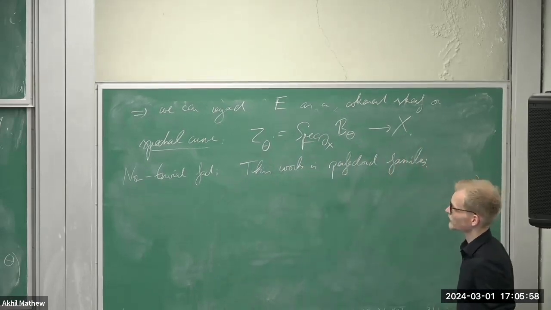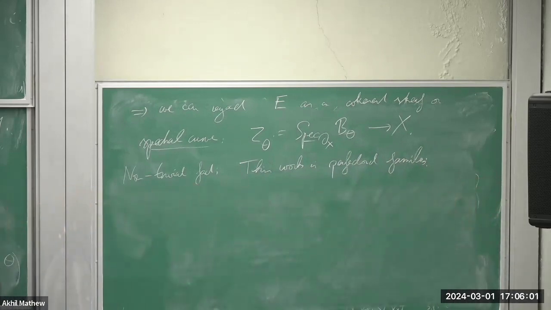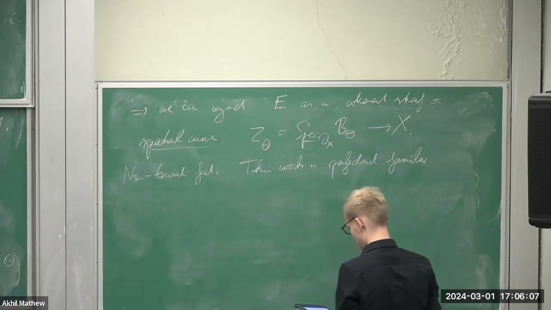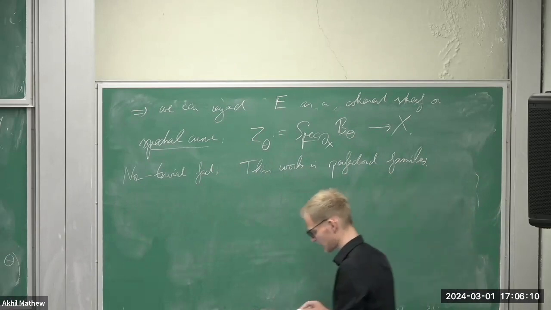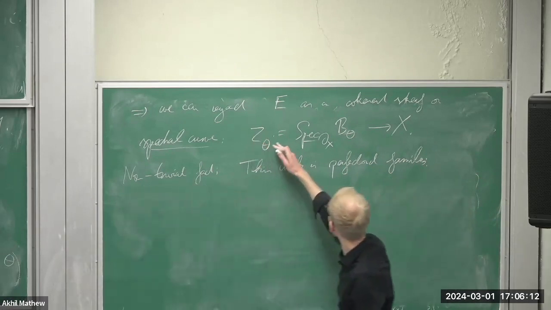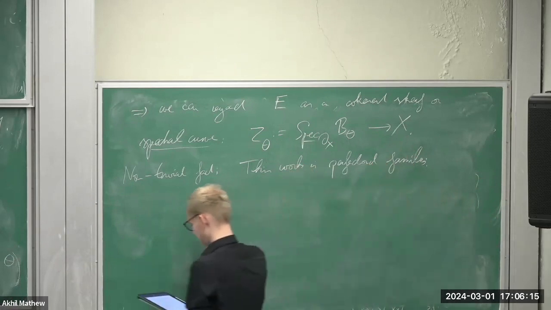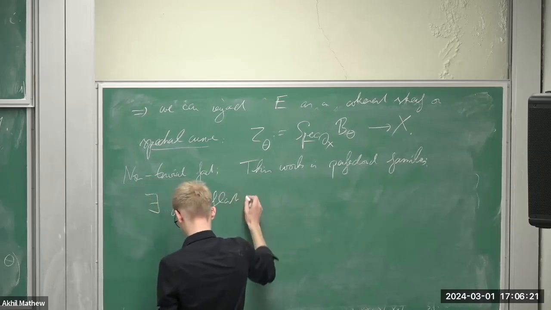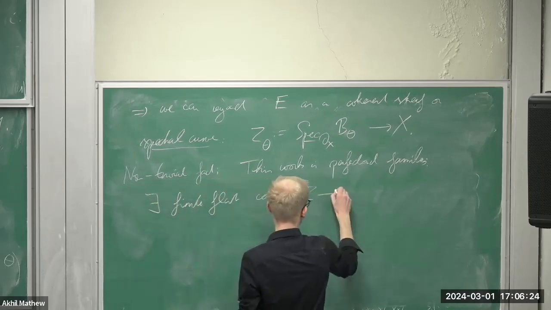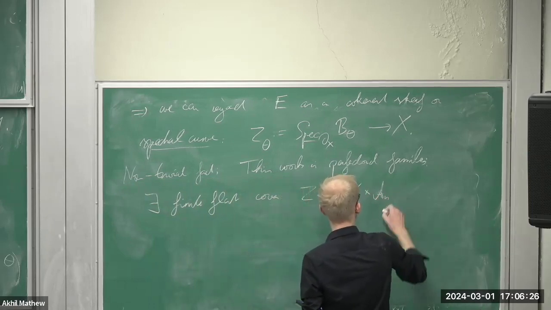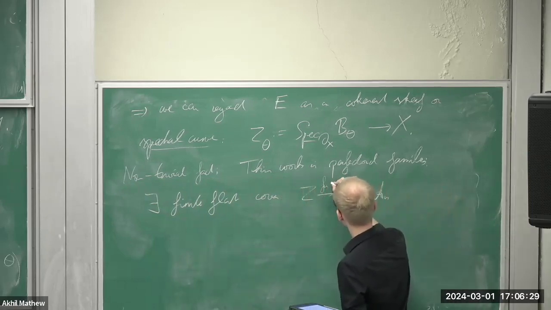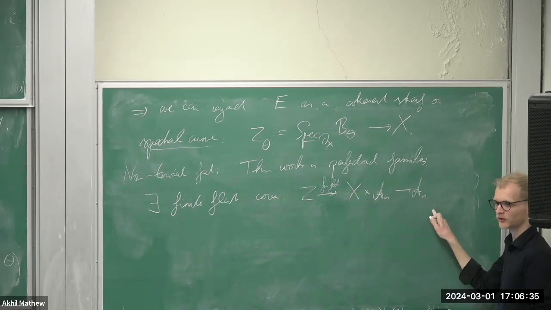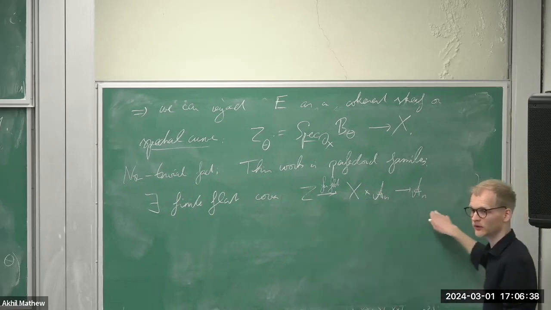So far, I was only taking a Higgs bundle on X, but now I want the same for a Higgs bundle on X times T. So the statement is that we can somehow assemble all these spectral curves into a relative curve. This is a finite flat cover. And the relative curve is what I get by pulling back to the Hitchin base. So this is a curve over the Hitchin base.